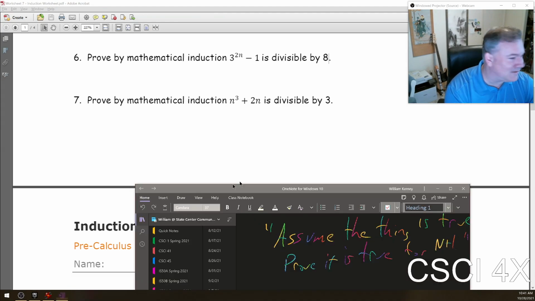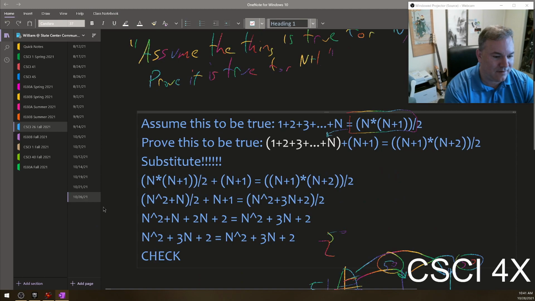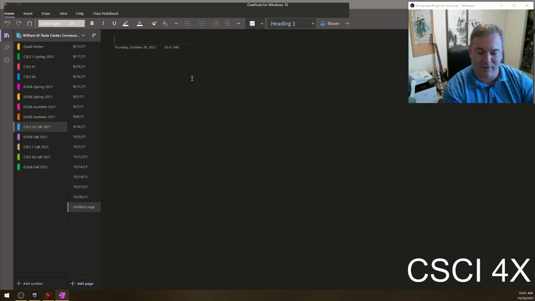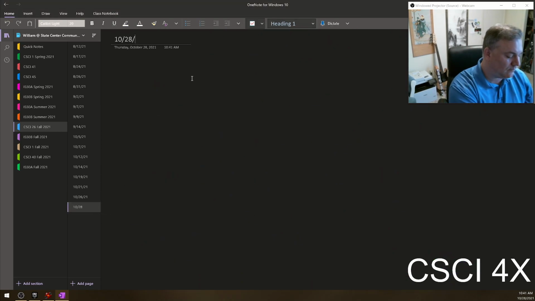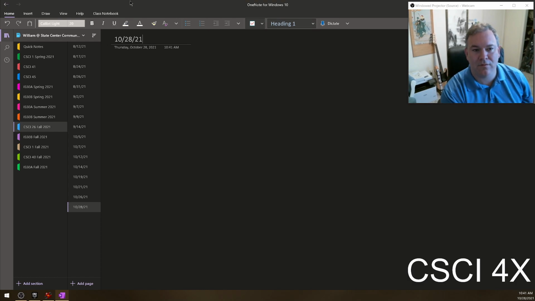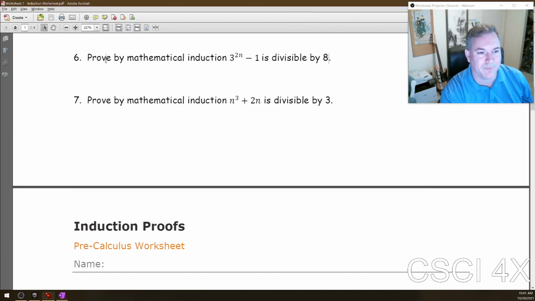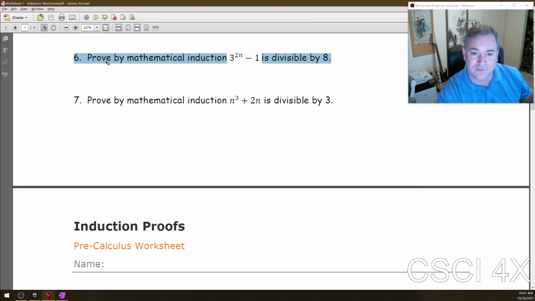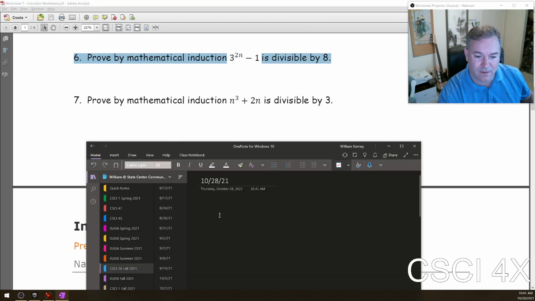All right, so let's do the proof by induction involving divisibility. So the setup, let's see if I can copy this. Control C and Control V. It didn't copy the equation.